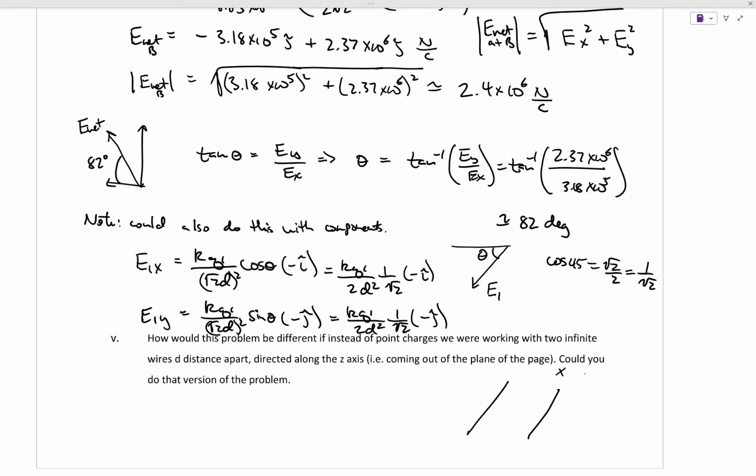It'd be the same kind of problem, except instead of behaving like kq over r squared, it would be lambda over 2 pi epsilon naught r. So behavior-wise, the only thing that's different is it behaves like 1 over r instead of 1 over r squared. The steps, adding together the vectors, all of that are exactly the same kind of task.